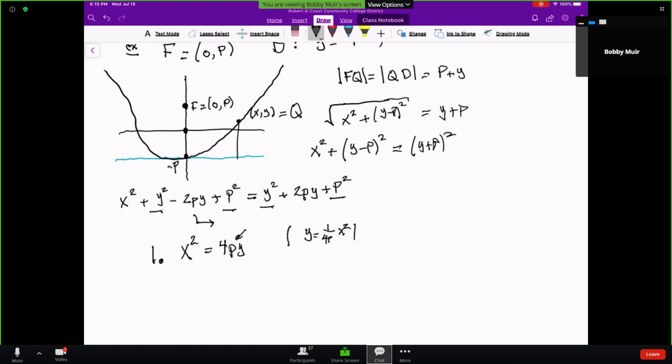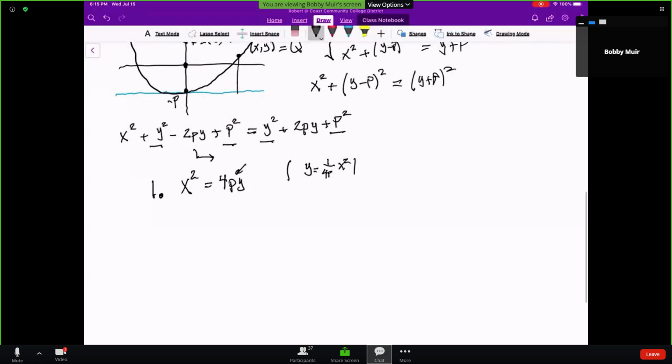Okay, and so this one, let me erase this junk right here, has the focus at the point (0, p). Now, without deriving this, we would get x squared equals negative 4py if we flip-flop the focus and the directrix.